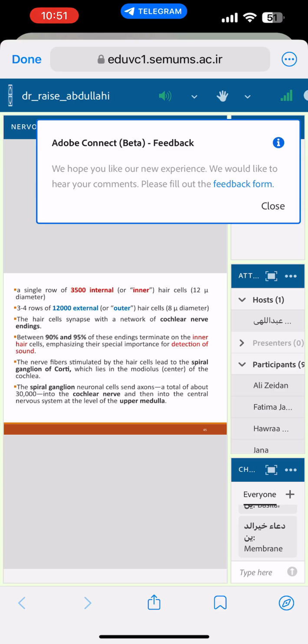The nerve fibers stimulated by hair cells lead to the spiral ganglion of Corti, which lies in the modiolus, or center of the cochlea.